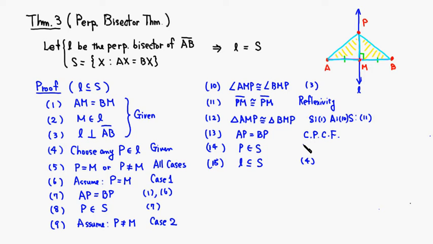This comes from number 13, and line number 8, and also line number 14. So this is the proof for the statement that L is a subset of S. We have to do the other containment, so we're going to have to show that S is a subset of L. So let's do that. I'm going to erase this so that we have a little bit more room.